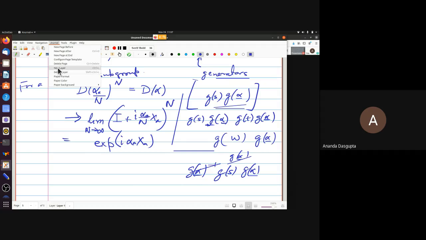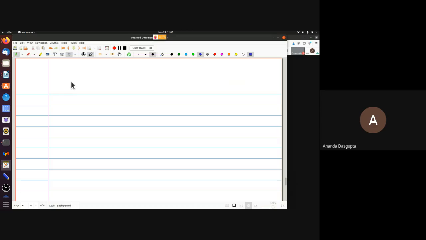Okay, so this is usually taken to be the starting point for most Lie algebra things, that you can actually write down group elements or representations of group elements at least in this form.